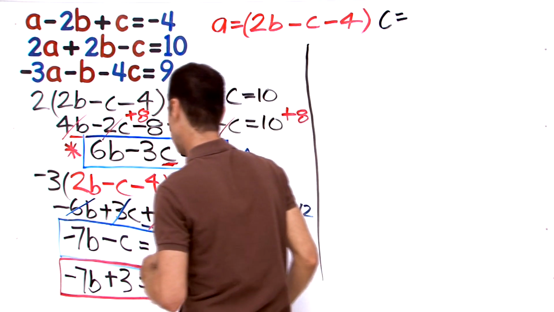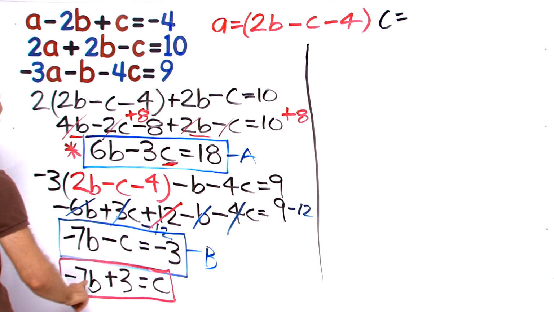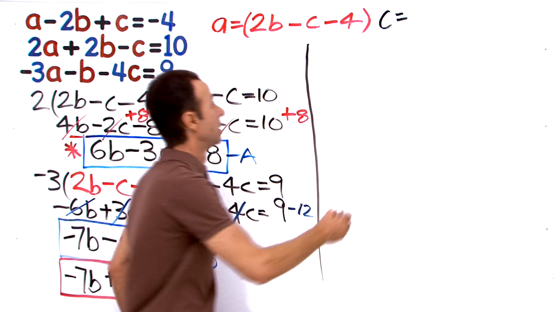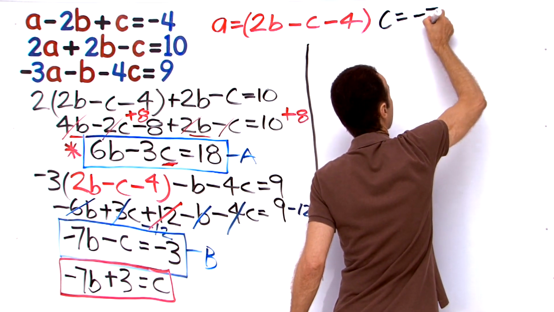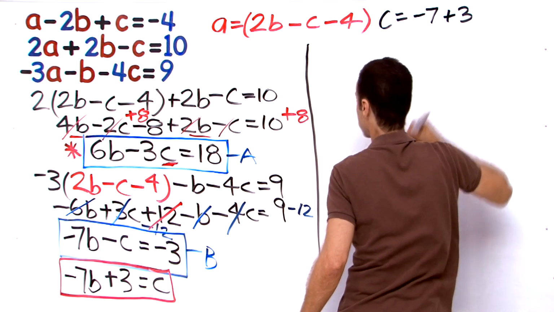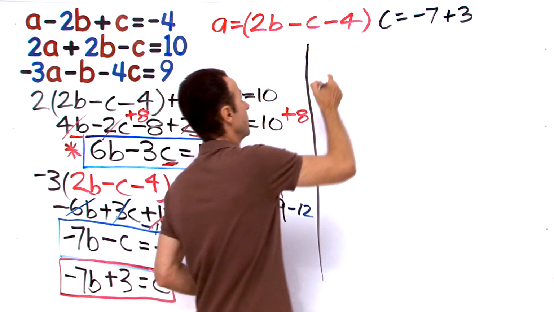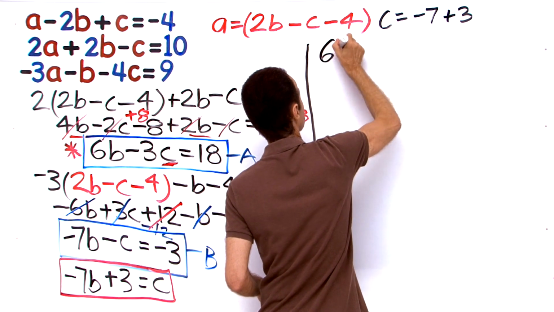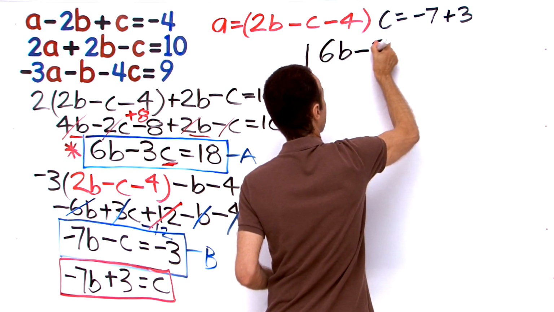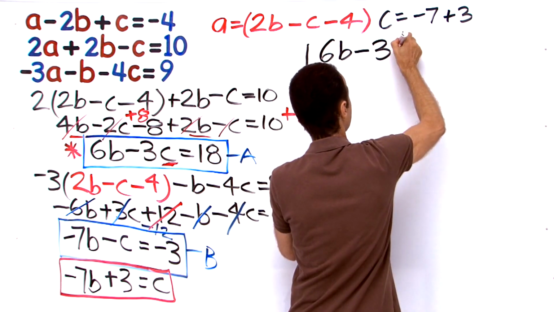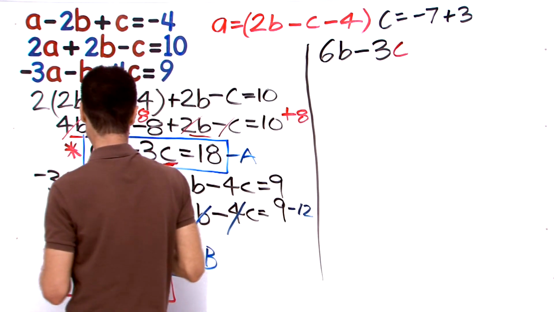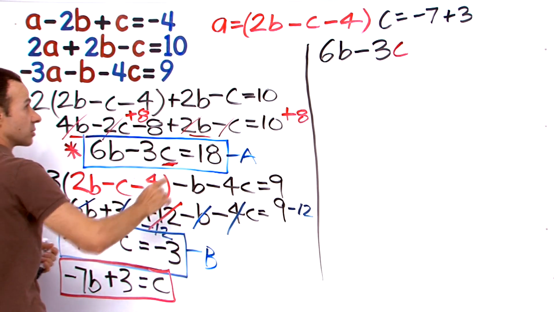C equals minus 7B plus 3. And we're going to substitute it into this equation right over here, 6B minus 3C equals 18.